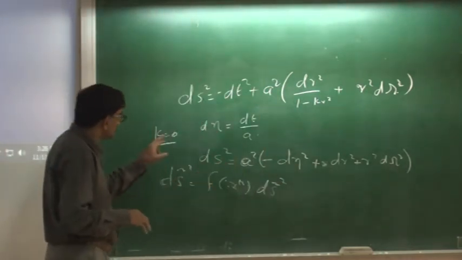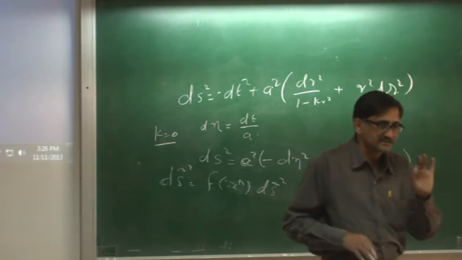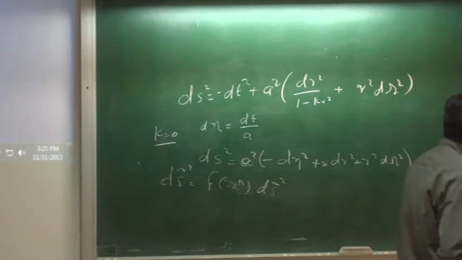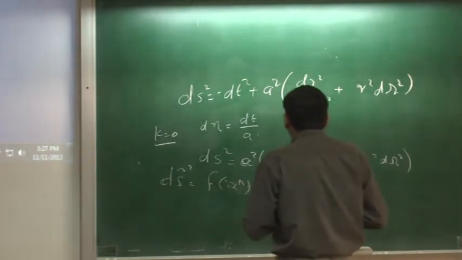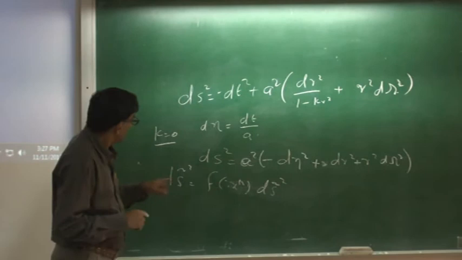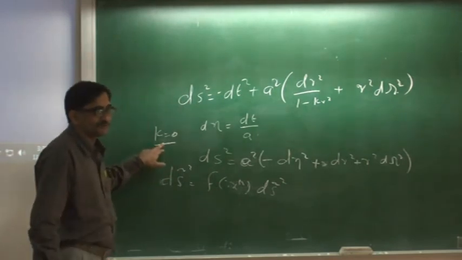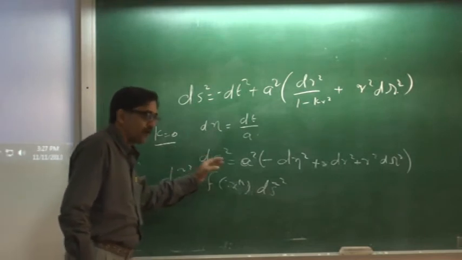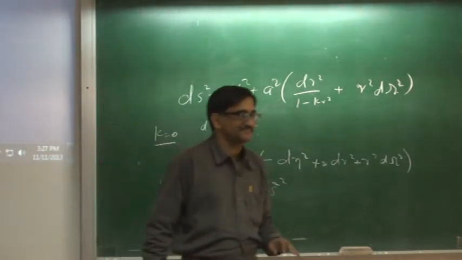So one thing you can see very clearly and in a straightforward way is that k equal to 0 is a conformally flat metric. However, one should remember one thing. In the case of k equal to 0, it can be seen almost obviously that it is conformally flat.